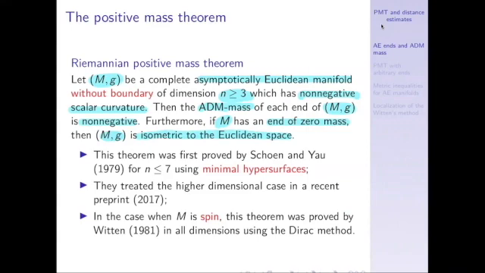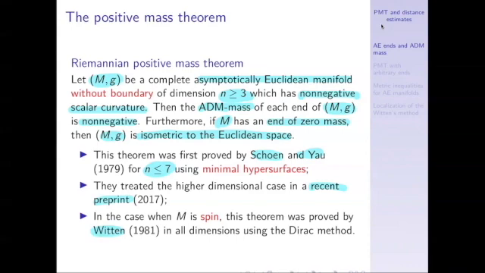Now, this theorem was first proved by Schoen and Yau in dimension at most 7 using the minimal hypersurface method. The higher dimensional case was treated again by Schoen and Yau in a recent preprint. In the case when M is spin, the positive mass theorem was proved by Witten using the Dirac method.